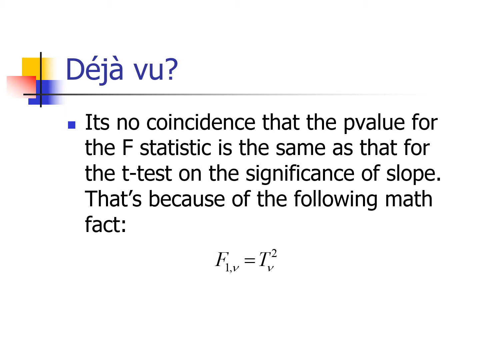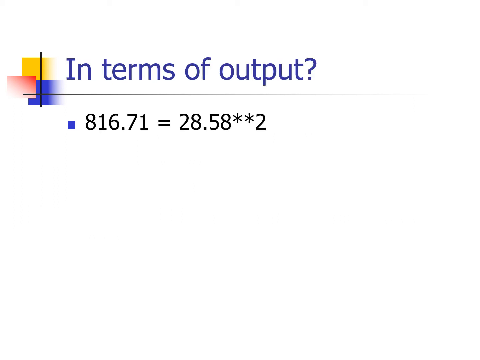So yeah, square 28.58 and see that you do in fact end up with whatever it was, 816 something. All right. Aha, there it is. So our F statistic was 816.71, which is equal to our t statistic 28.58 squared, as promised.